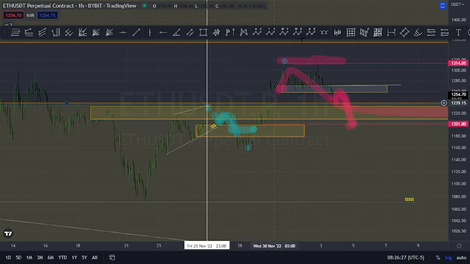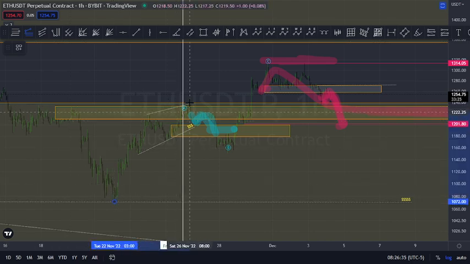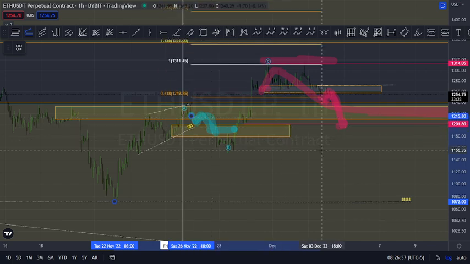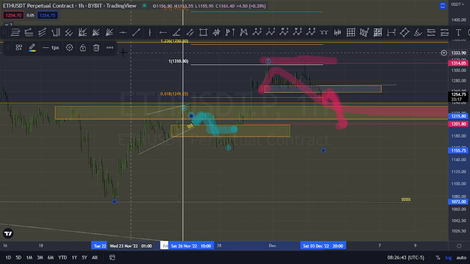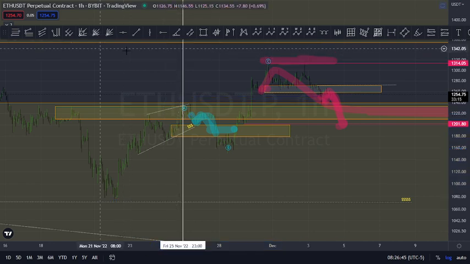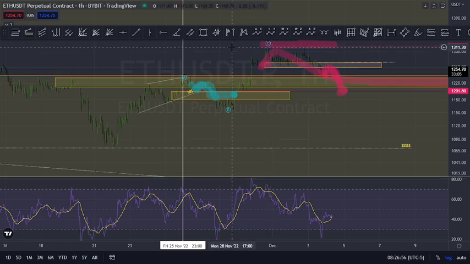So this was a correction, and this is the high, A, B, and C. Oh, perfectly to the one. Wow, insane. Here we have also the divergence, the third wave and the fifth wave for the C leg up.